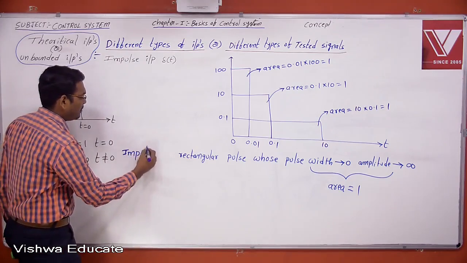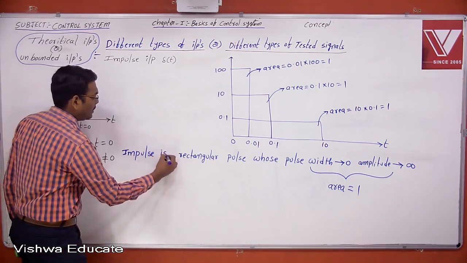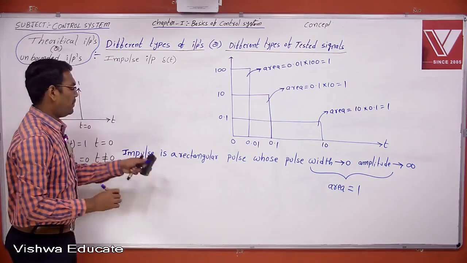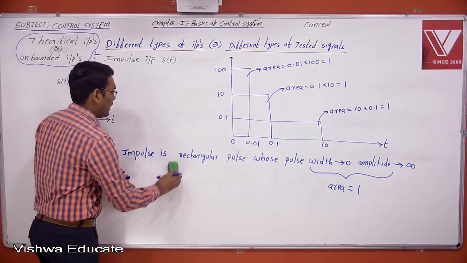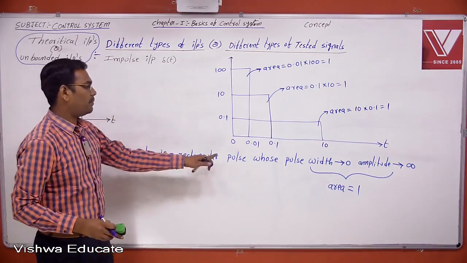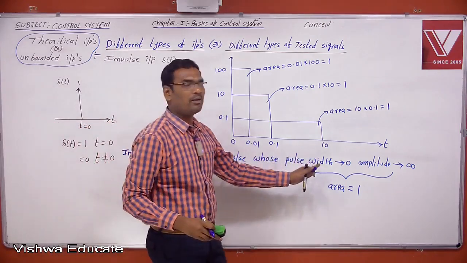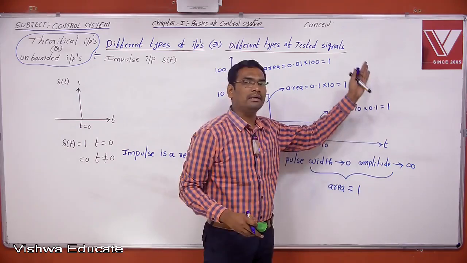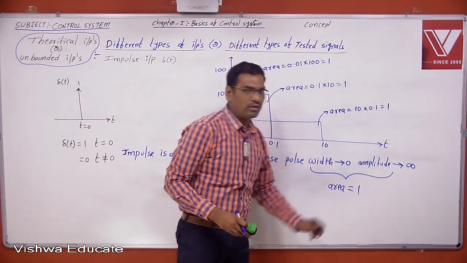Then you read this statement. Impulse is a rectangular pulse whose pulse width is 0 and its height or amplitude is infinity and the area equal to 1.